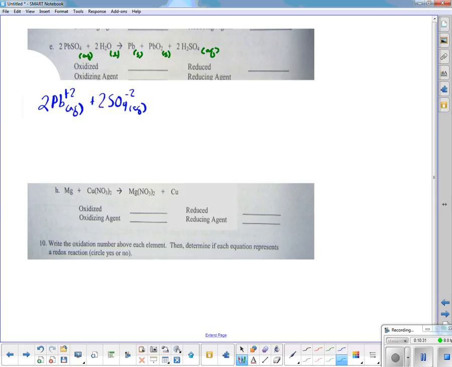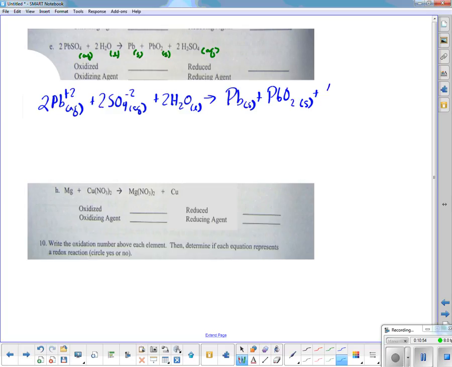The second compound is water, and water doesn't split, so I'm just going to put water here as a liquid, and then my arrow. On the other side, lead doesn't split, so it's a solid, and lead oxide doesn't split, it's rust, plus, and I do split the sulfuric acid.